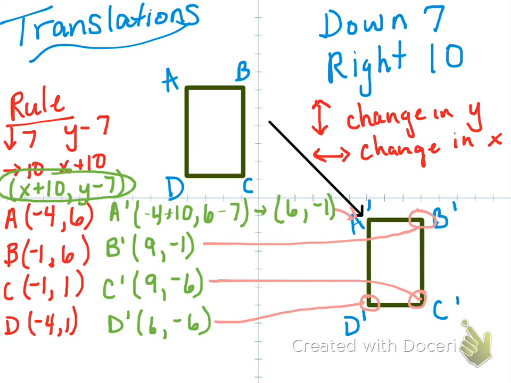So we were able to take the numbers that it translated down and to the right, plug those into a rule, and change the points from the first image to the new image.